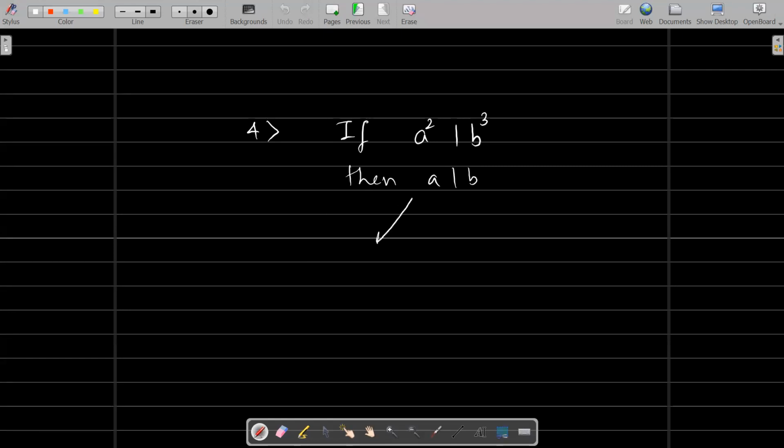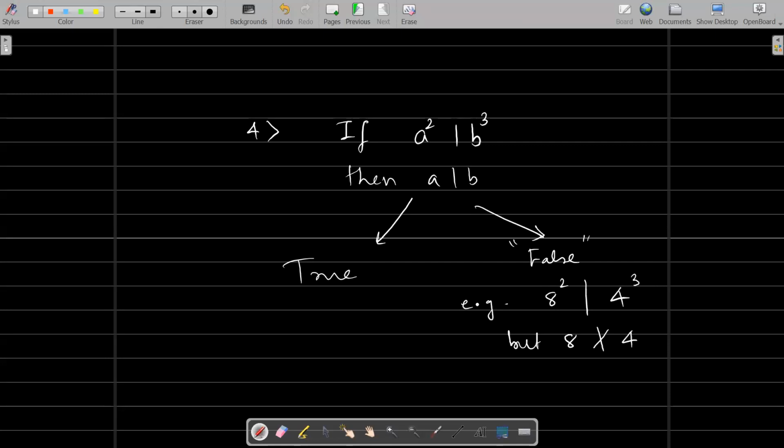Some of you feel this is true, some of you feel this is false. I'll go to this side because those who have said false have also produced some counter example. For example, 8 square is 64, right? It divides 4 cube. 4 cube is again 64. 64 divides itself, right? But 8 does not divide 4.